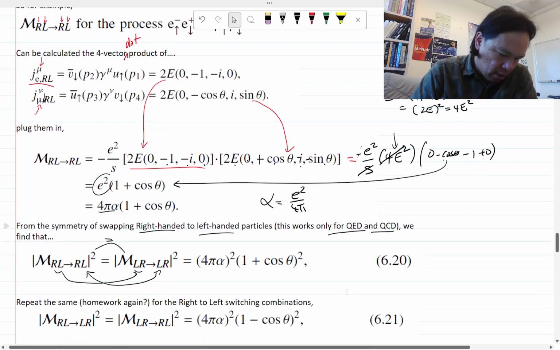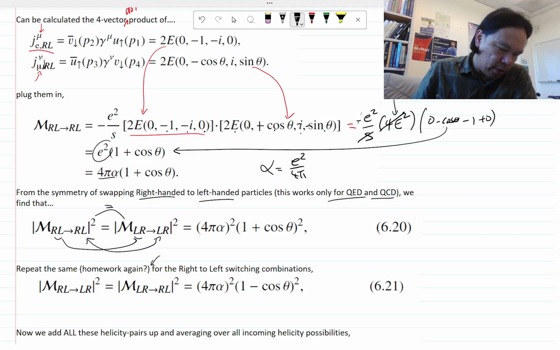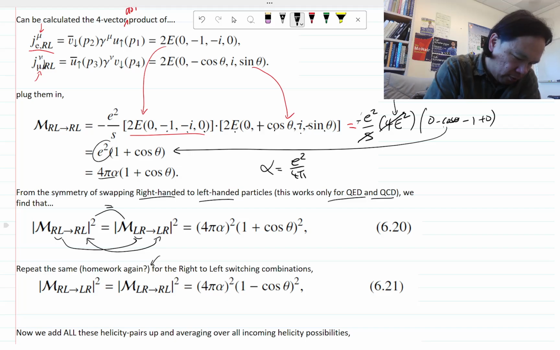And we can do the same thing, and maybe that'll be another homework problem. To see the difference here, we have right to right, left to left. Let's not think about it that way. It's actually right left to right left, or left right to left right.